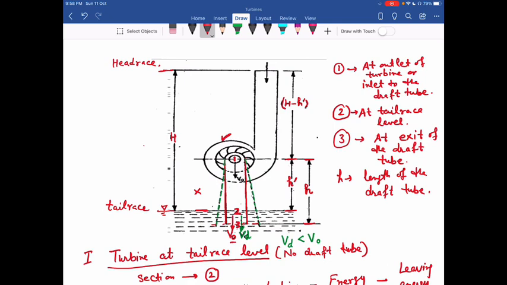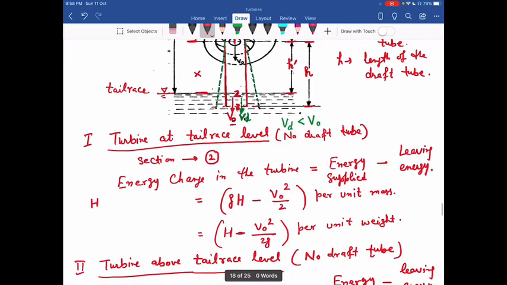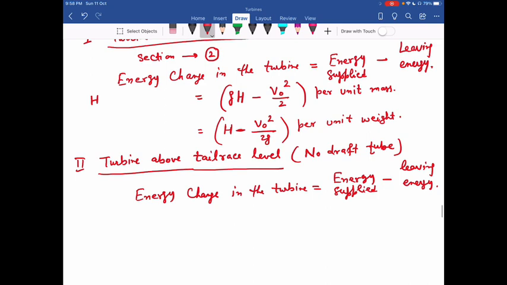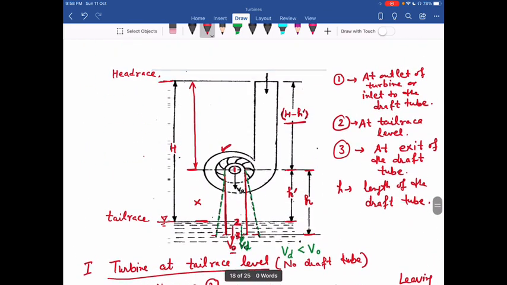So you can see here, now the available head is with respect to this height. So this height is equal to h minus h dash. So the energy supplied per unit mass, that I can write as g h minus h dash minus, now the leaving energy with respect to this velocity VO.